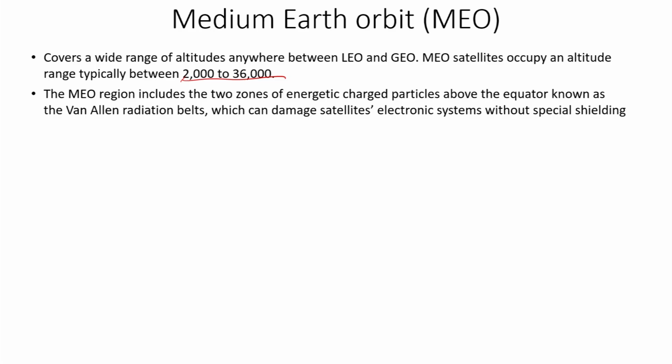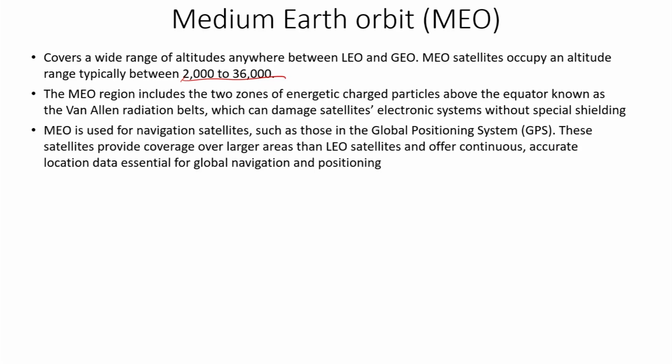Medium Earth orbit also includes the Van Allen radiation belt zones, which we already discussed. When the satellite is in the Van Allen radiation belt, there is a chance that it can get damaged because of the high radiation dose.